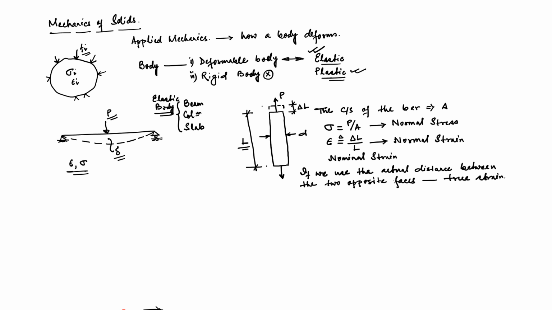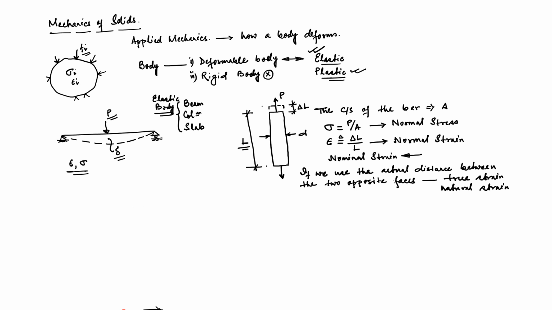Sometimes we also call it natural strain, but mostly we deal with this nominal strain, where we use the initial gauge length as the length over which the deformation is evaluated.